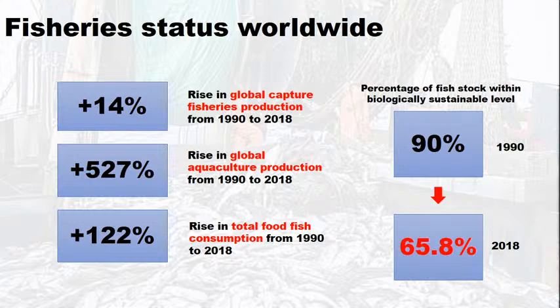Before going further into the topic, I would like to highlight important news from the FAO on the fisheries status worldwide. As you can see from the numbers here, this is the statistical value from 1990 to 2018.